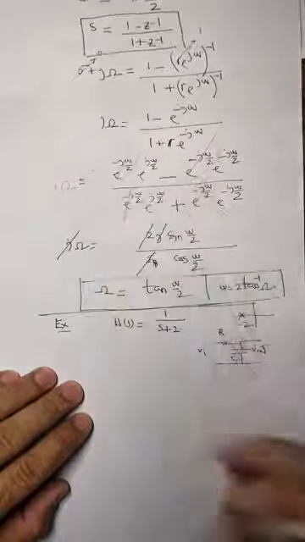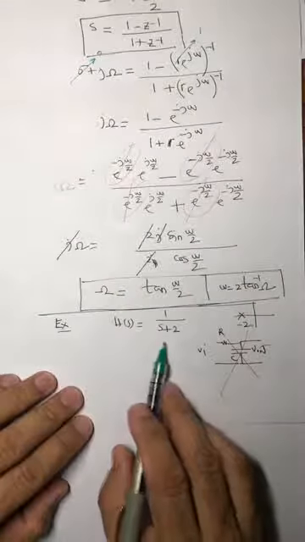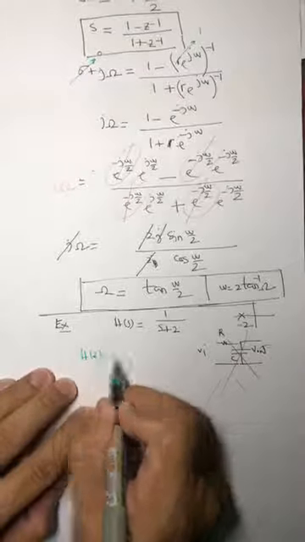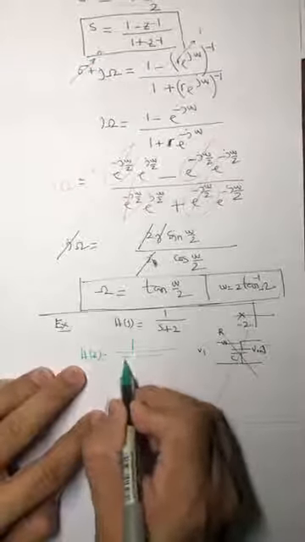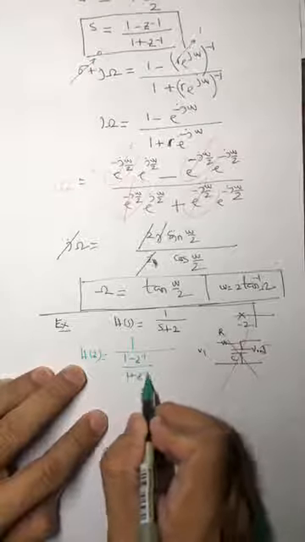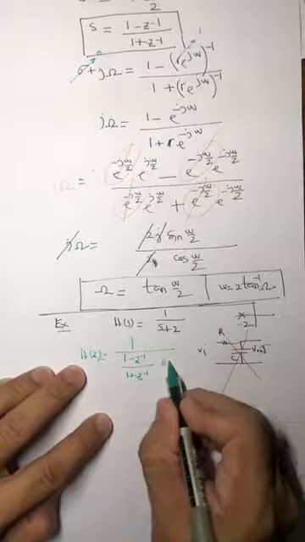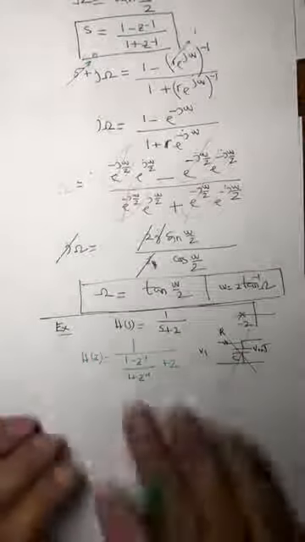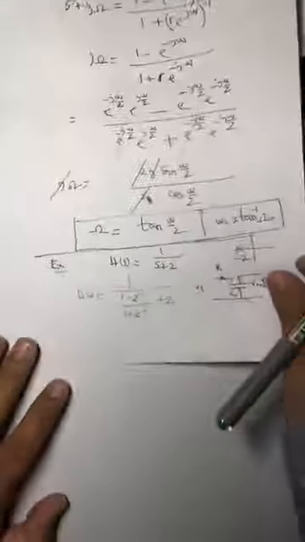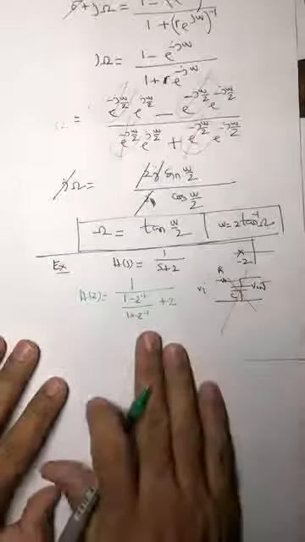So this transformation says replace s by (1 minus z inverse) over (1 plus z inverse). So H(z) is equal to 1 over [(1 minus z inverse) over (1 plus z inverse) plus 2]. That's it, you are done. Obviously, you should simplify it, don't leave it that ugly.